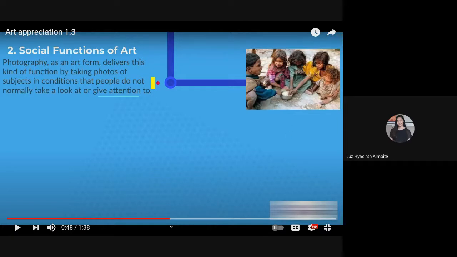Moreover, performance art like plays or satires can also rouse emotions and rally people toward a particular end, because they would like to give their audience a message about a certain situation in our society that needs to be addressed. In this and more, the social functions of art are apparent.